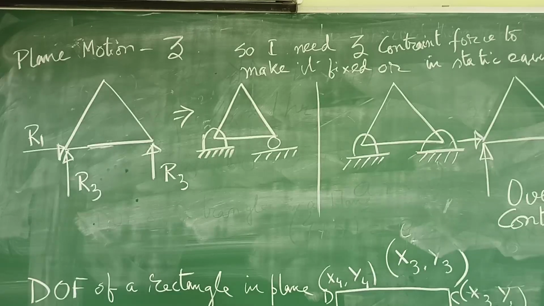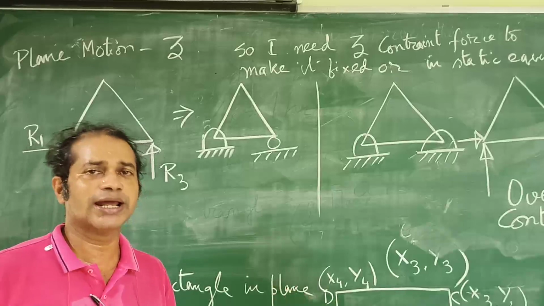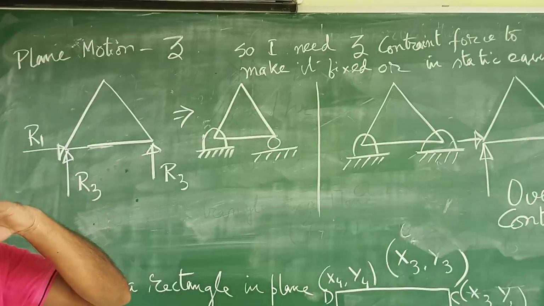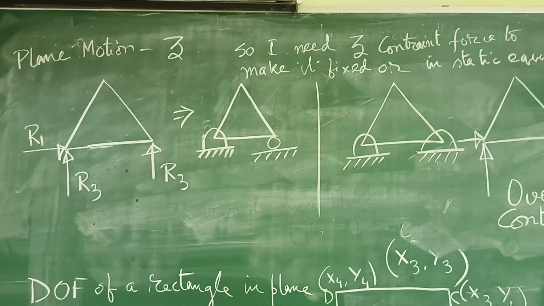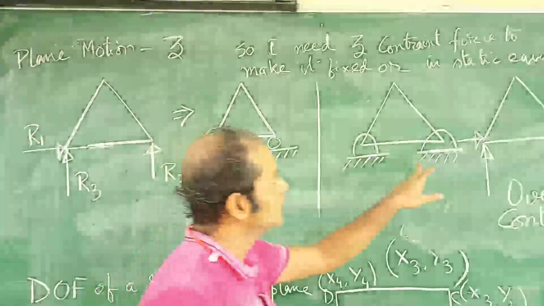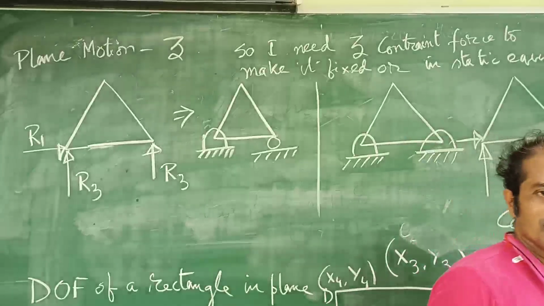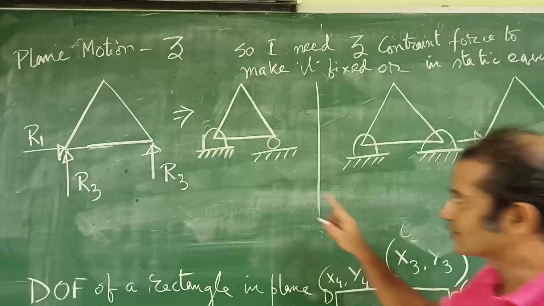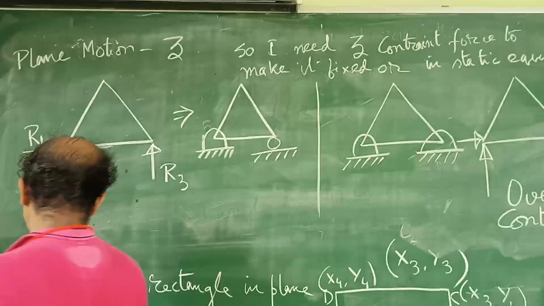So all these possible motions, motion along x, motion along y, and rotation about z, are going to be restrained. These 3 forces are good enough. But when you make 2 supports fixed, then it is called over constrained. We don't need this part. Now what is the example of it? We will be coming to it over here.